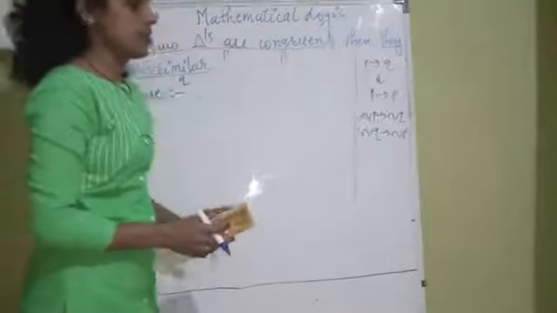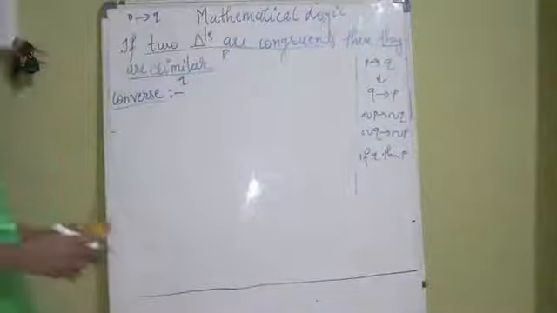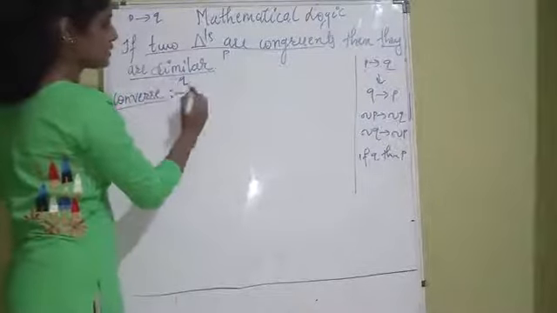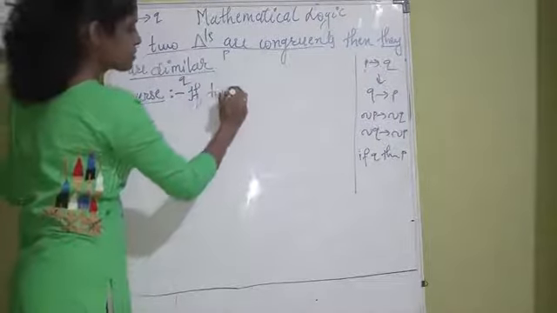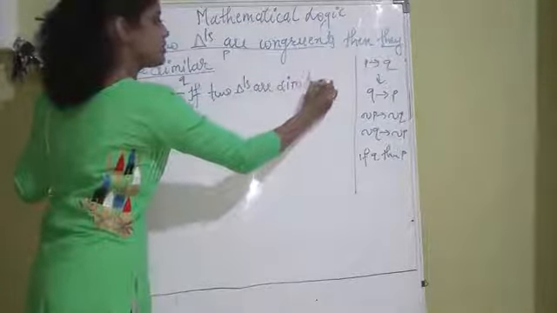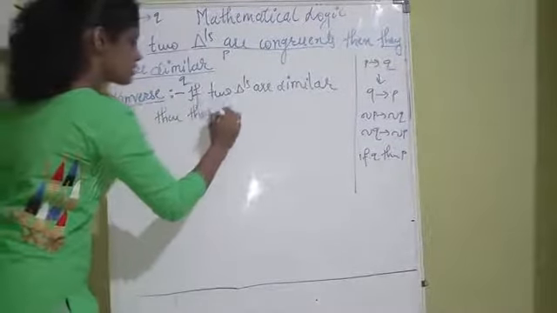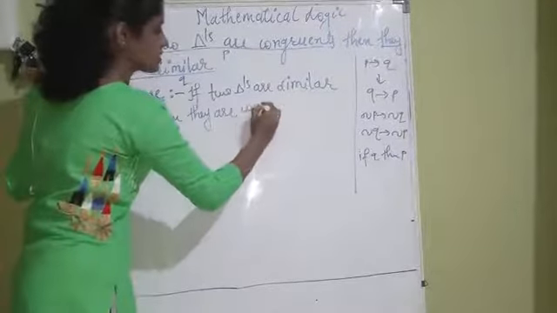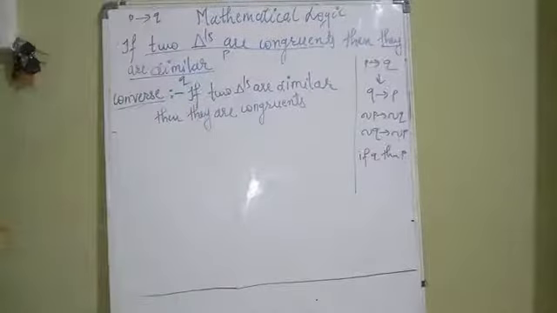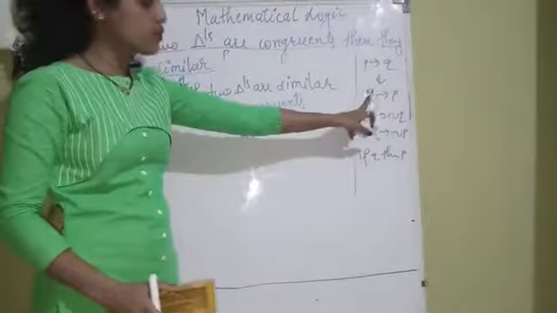If Q then P. If two triangles are similar, then they are congruent. Correct?